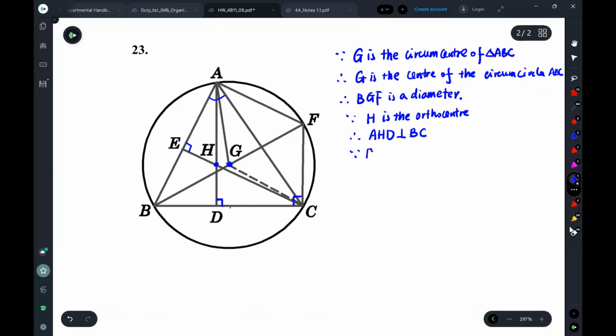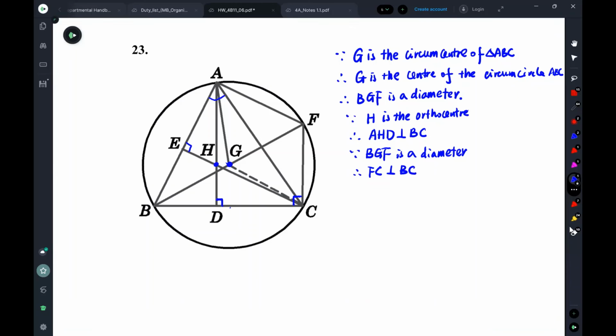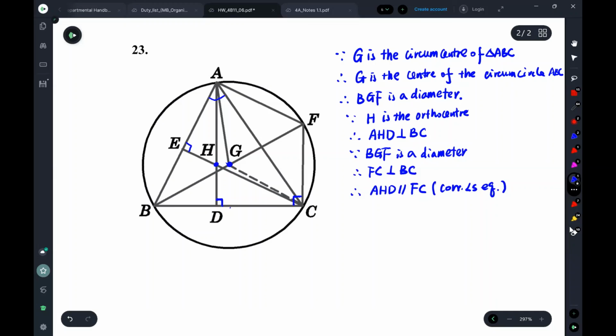Now, because BGF is a diameter, FC is also perpendicular to BC. Therefore, AHD is parallel to FC, using corresponding angles equal. Now, similarly, I can prove the other two lines, CHE and AF, are parallel.